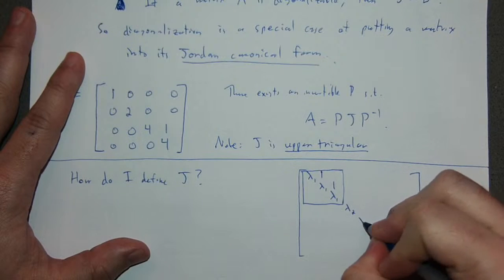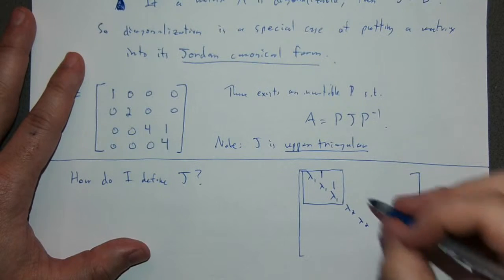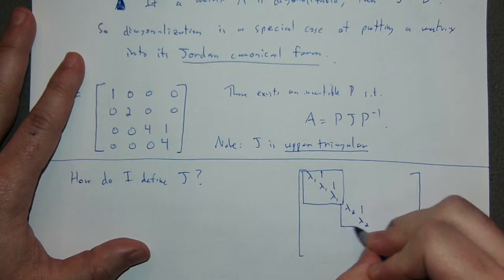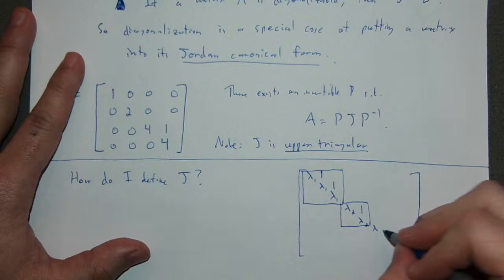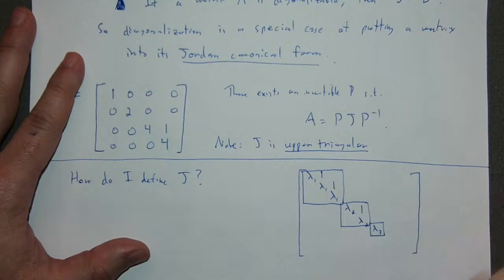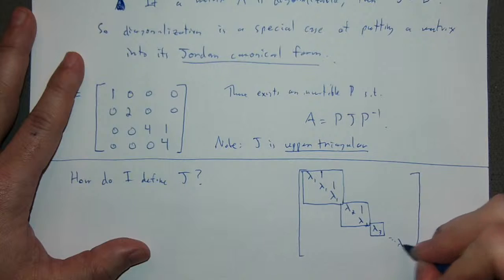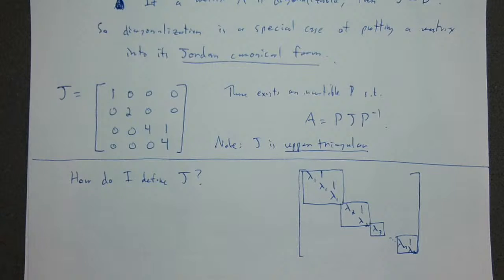On the diagonal, maybe lambda 2 is repeated twice, so there is the block associated to that thing. Maybe lambda 3 is a simple eigenvalue, so there's the block associated to that thing. And so on, all the way to lambda n being repeated twice and having that last block there.